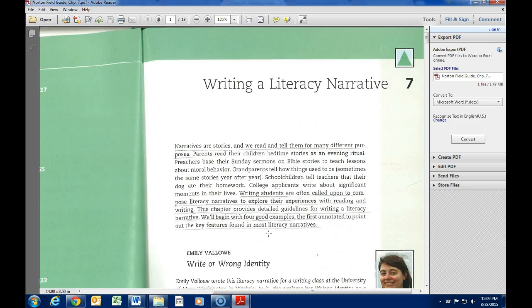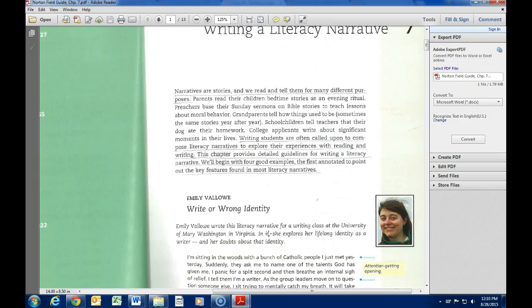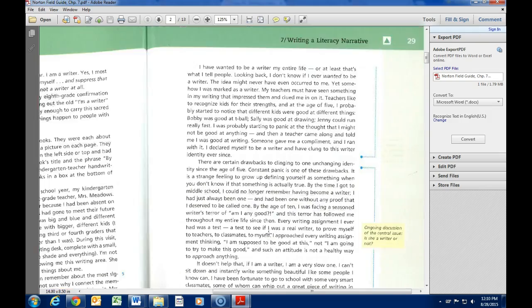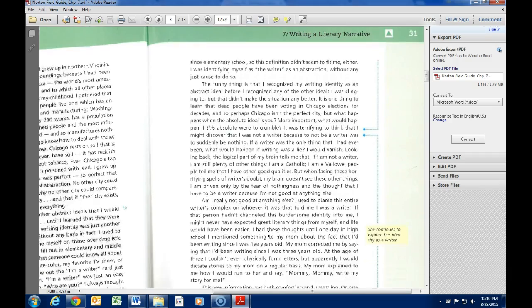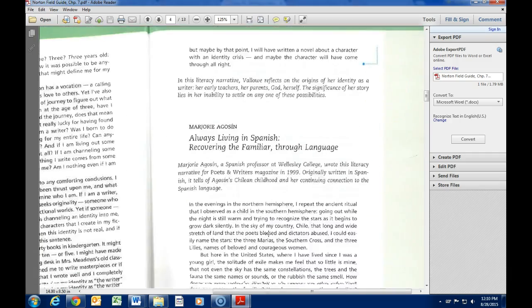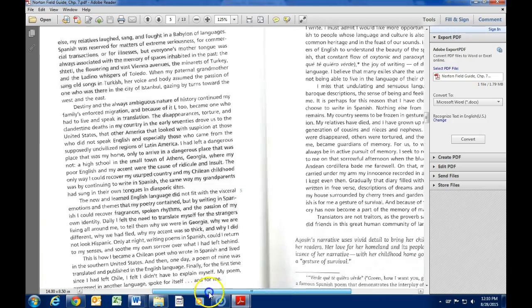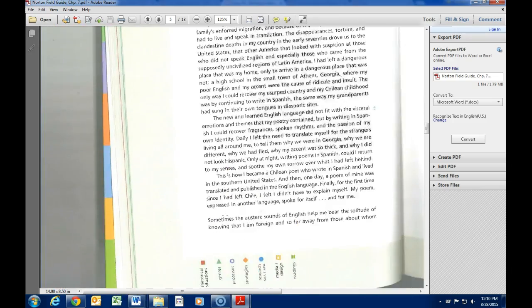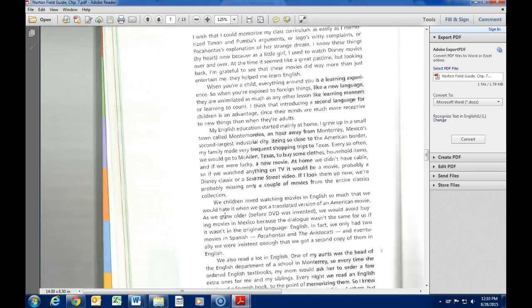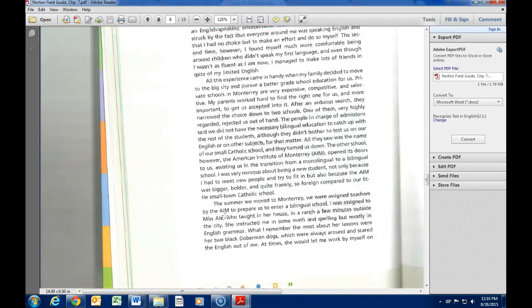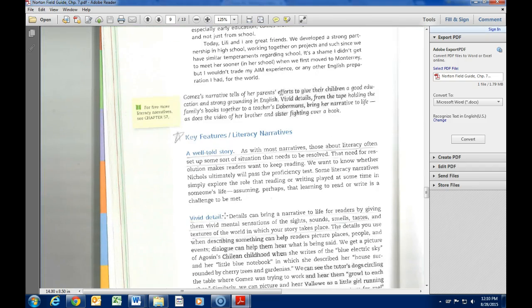This chapter provides detailed guidelines for writing a literacy narrative, and the chapters always begin with these 4 essays, these examples, and they are good to read through, but I do prefer the essays that are at the end of the book, and that's why we focus on those, and we don't really focus on these. However, you can read through them to get a better idea of what I'm asking you to do.